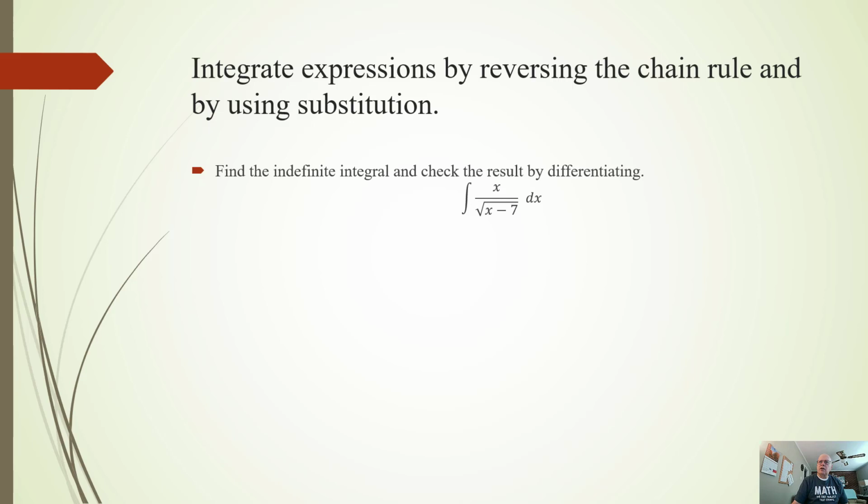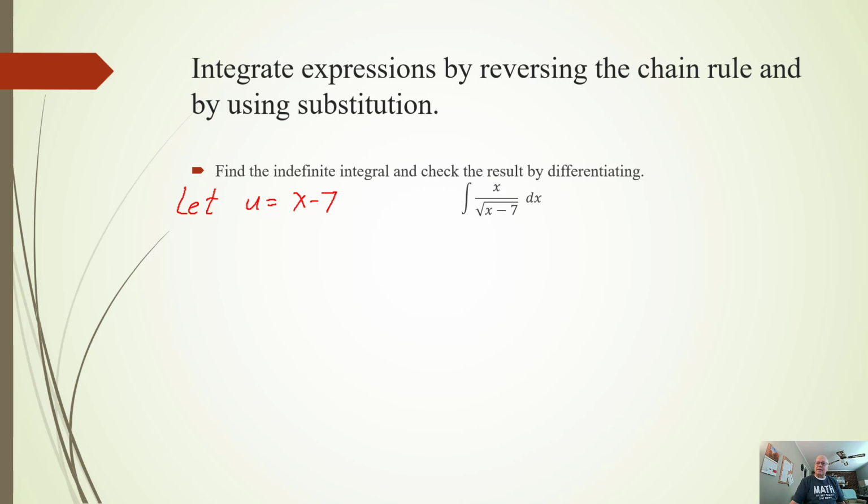Alright, you want to make a guess on this one? Okay, we're going to let u equal x minus 7. This one isn't quite as unusual as the last one, fortunately.